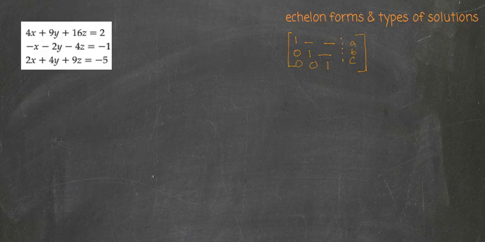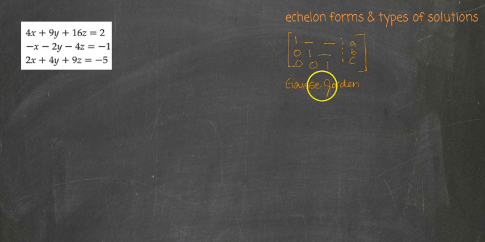There's another form of elimination called Gauss-Jordan elimination. The only difference is the first step is the same, where you get this triangle form where you have 3 zeros in the bottom and a string of ones.